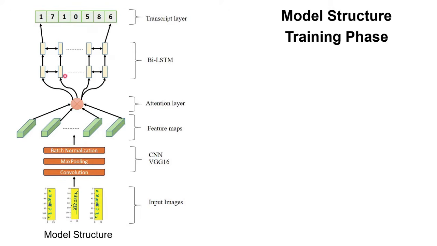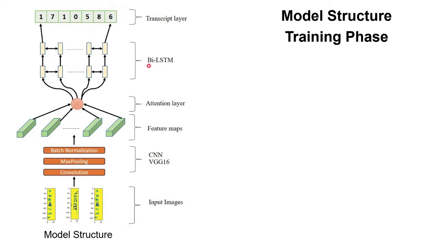Here I use Bi-LSTM. So why Bi-LSTM and not RNN? Because RNN has some drawbacks with exploding gradient and vanishing gradient. You know, that's just short-term memory. But LSTM is long short-term memory. They can retain information from far away.